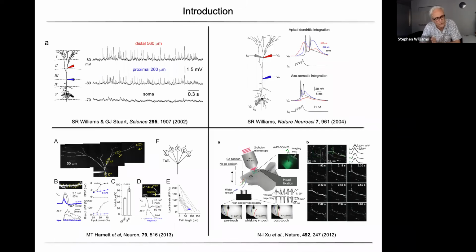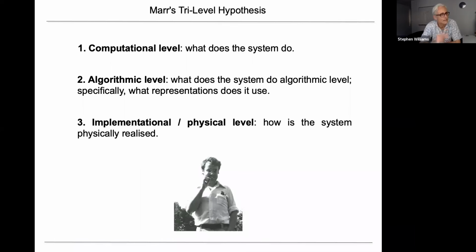But this is unsatisfactory in that we have to use calcium imaging in order to serve as a proxy of reading out dendritic activity, which is not ideal. So if we want to get to the point of Marr's tri-level view of how to understand a complex system, then we really have to try a different preparation.